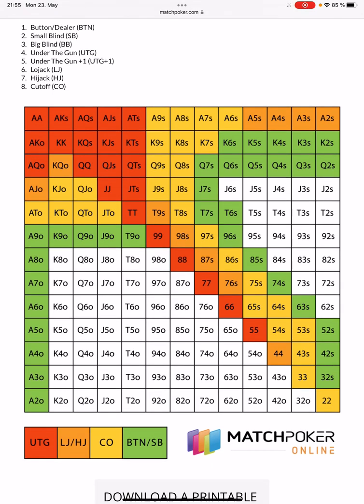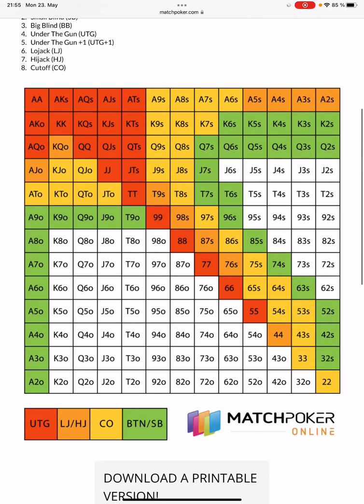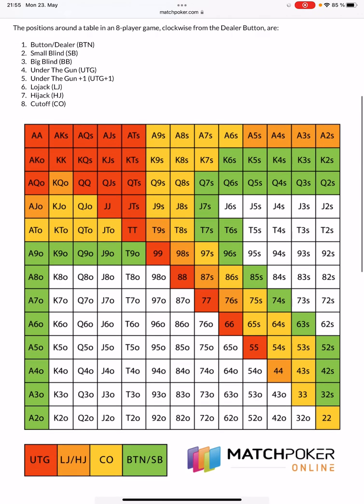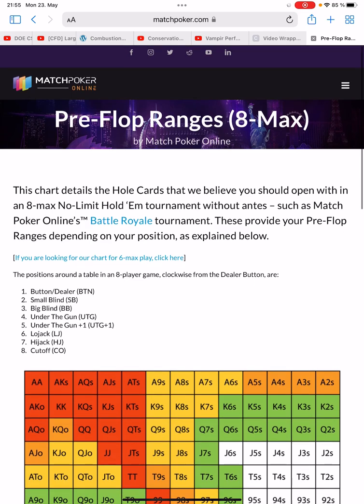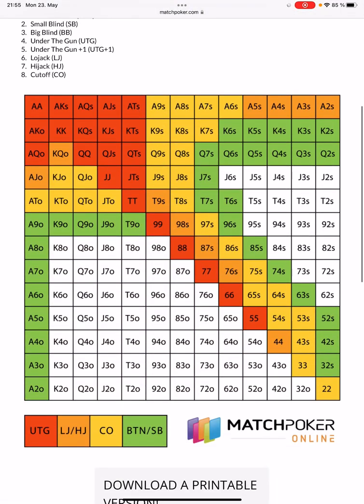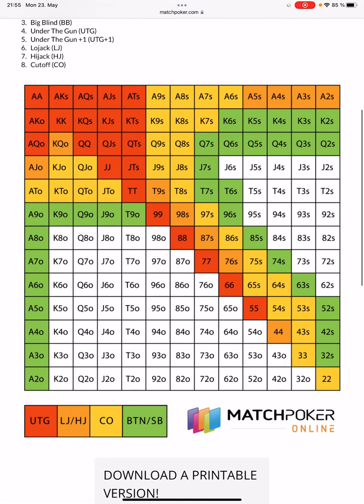And when you see a person sitting in the button or small blind, and they try to defend, to call, they can have any bad hands, because their hands have a huge range. You can see it also. This is the pre-flop ranges you can open with, right? You can also use it as a guide.